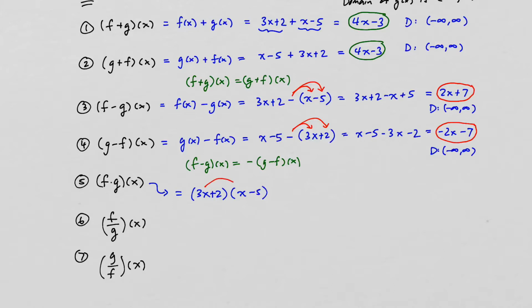And this is very functional, pardon the pun. But we're going to FOIL here. And this gives us 3x squared minus 15x plus 2x minus 10, which is 3x squared minus 13x minus 10. And the domain of this function is, once again, all real numbers.